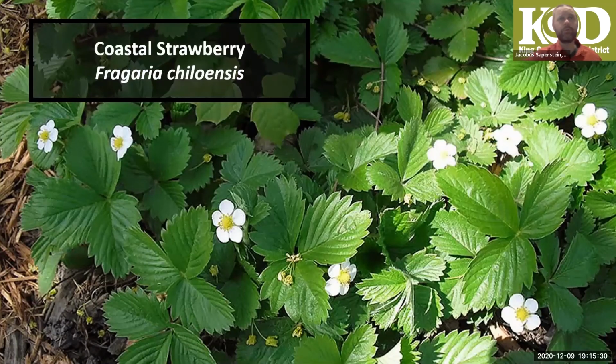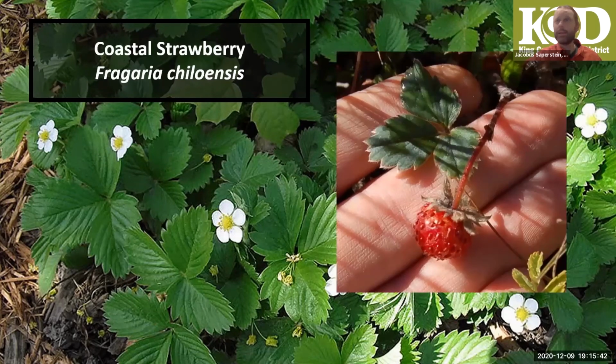As does coastal strawberry. There are several species of native strawberries. This is the one that loves it very dry and sunny. It will produce a little teeny strawberry that is very yummy, actually. If you put one of these in your mouth, it's going to taste like twice the strawberry flavor of a store-bought strawberry.